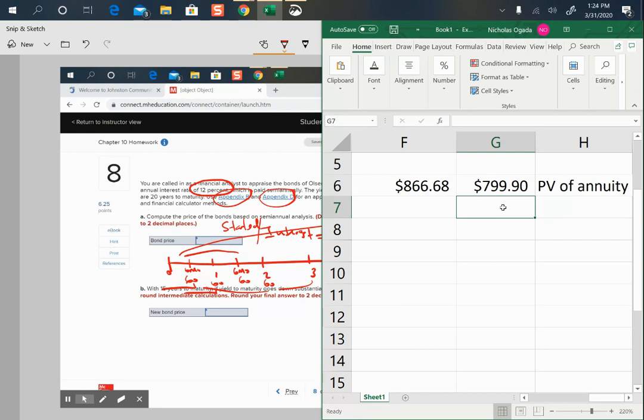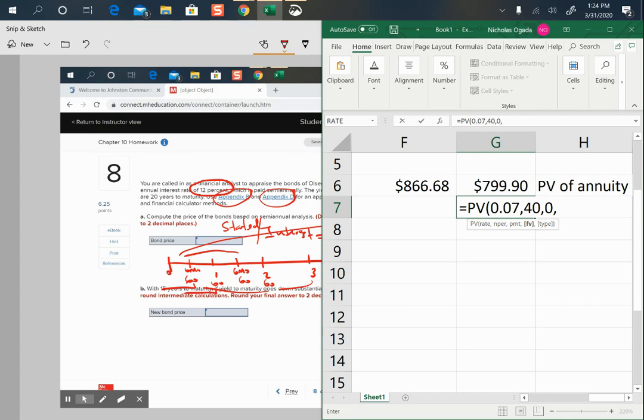The present value of the $1,000: the rate here is 0.07, the number of periods is 40, and the payment we assume is zero because we've done the annuity in the first case. So you're basically saying, what's the value of the $1,000 that you're going to receive 20 years from today.